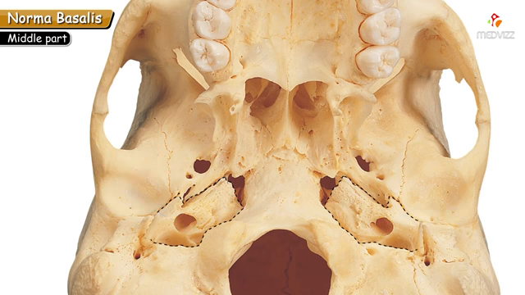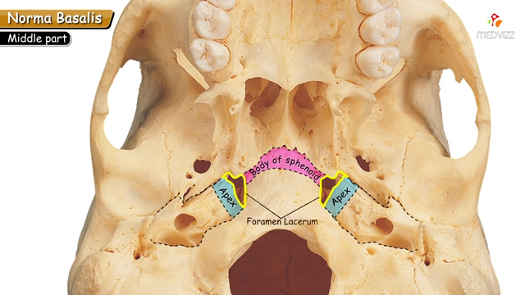Just observe next to the body of the sphenoid and the petrous part. The gap between the body of the sphenoid and the apex of the petrous part of the temporal bone is the foramen lacerum. It is quite an irregular foramen with irregular margins. That is the reason it is called foramen lacerum.